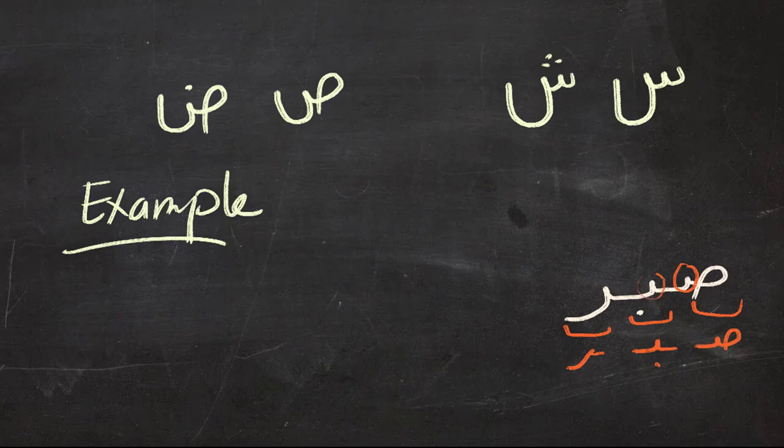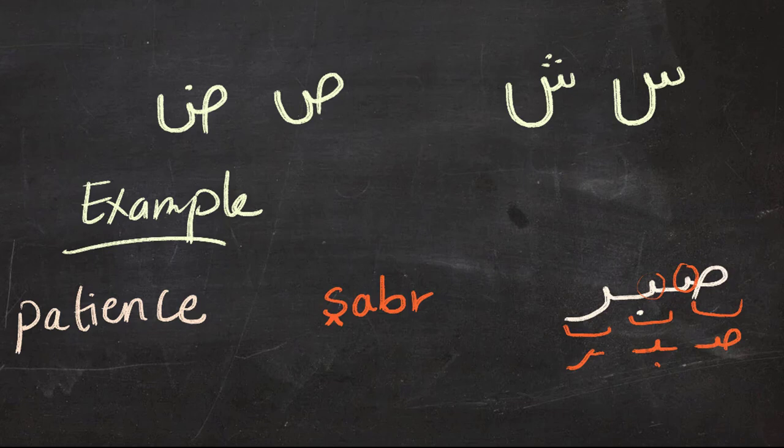And don't forget this part of sad. They look the same in these two parts, but they are separate, and it's pronounced as sabr. I'm using the symbol for the sad to distinguish the s and the sad. And sabr means patience.